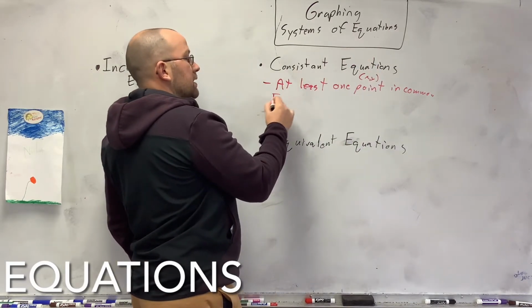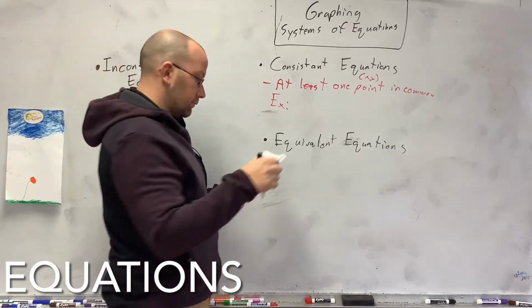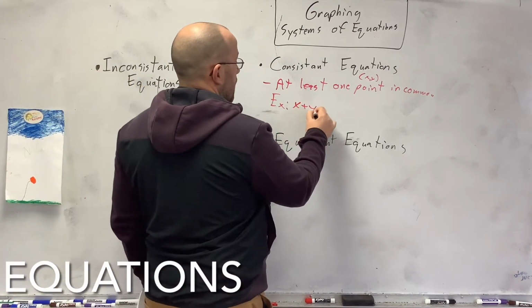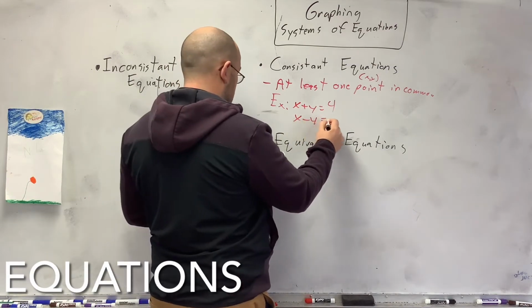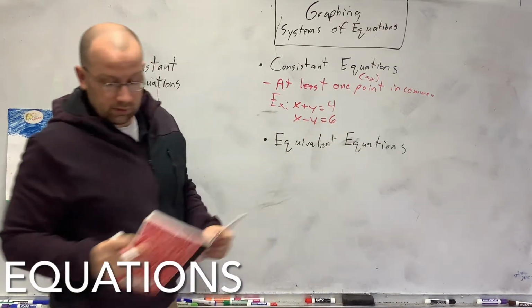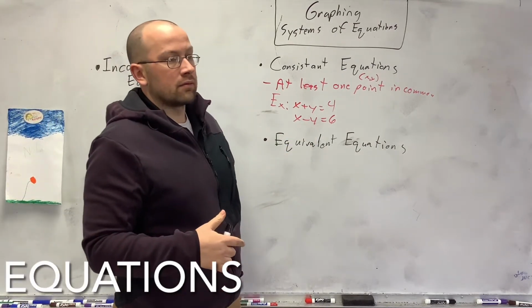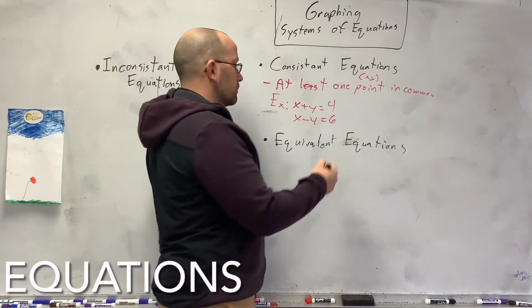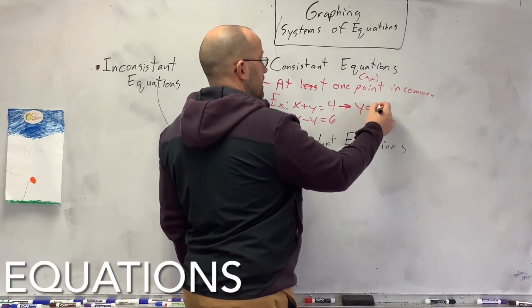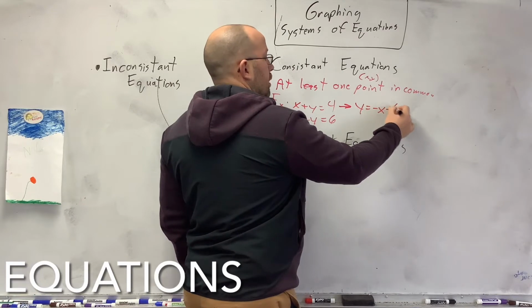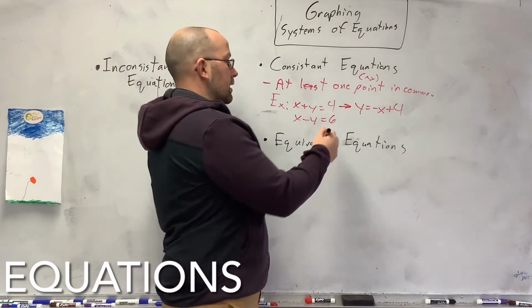An example of this would be if you had x plus y equals 4 and x minus y equals 6. Alright, you can't tell if they have anything in common. You need to switch them to slope-intercept form. When I switch to slope-intercept form, I can see what my slope is. And that's what I need to know if it's consistent or not.